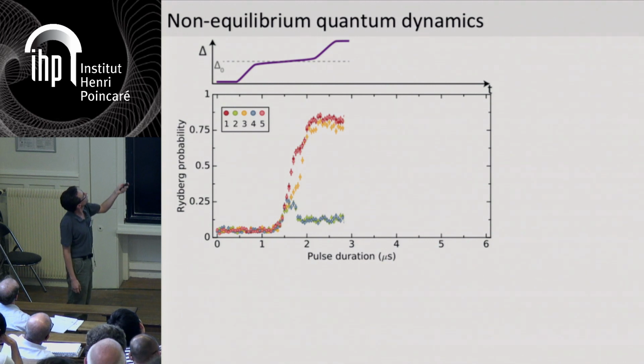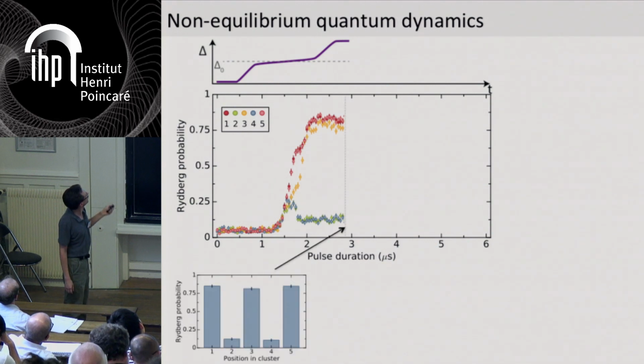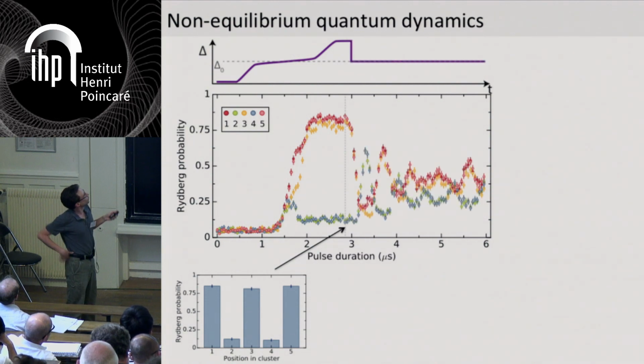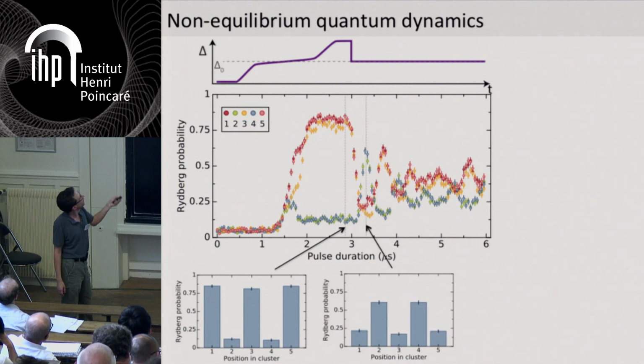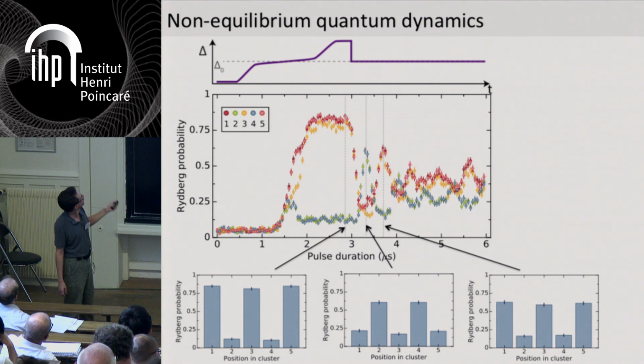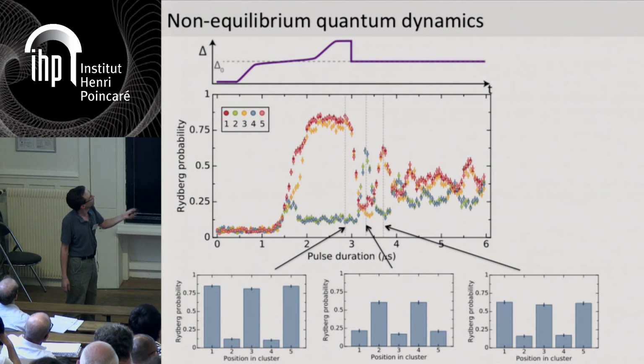And then once we prepare the crystal, so this is a crystal in the 5-atom case, we do a sudden quench, which means we set the frequency of the Rydberg laser back to resonance, and we see how the system evolves. And what we see in this case are some oscillations between the initial Z2 ordered state and the complementary state where the Rydberg state has gone to ground and the ground state has gone to Rydberg, before coming back to the initial state.